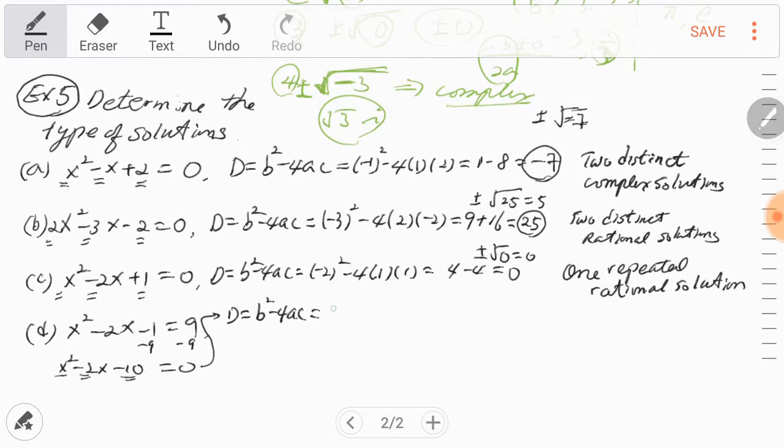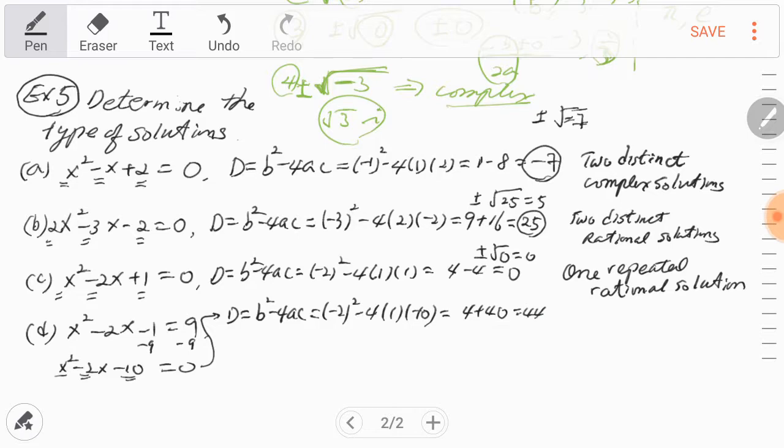So b squared, 4, minus 4 times 1 times negative 10, so that is plus 40. Then this is equal to 44.